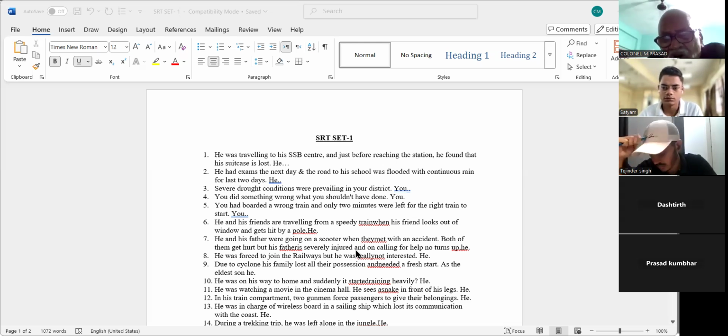Severe drought condition is prevailing in your district. Now, drought is a permanent affair. It takes a long time. So what can you do? There are three things you can do. First you have to arrange a group of people who solve the problem. Those group of people can afford to give the reserve. Suppose somebody has food in the house, all reserves in your house are utilized for the common good.